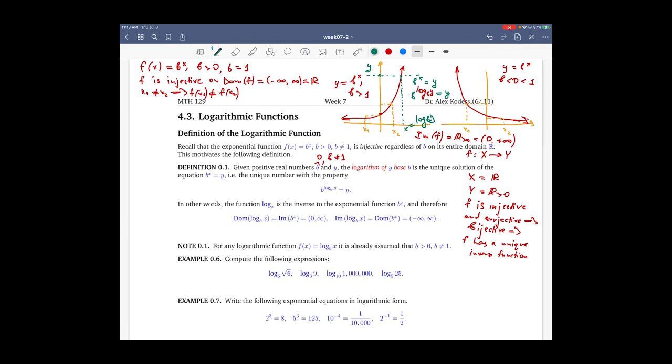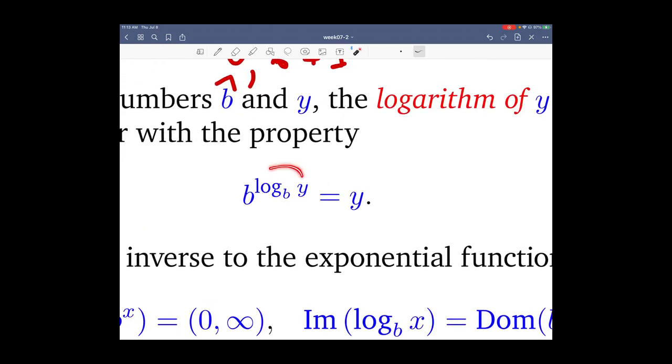In other words, logarithm of y base b is that exponent that base b needs to be raised to get y back. When b is raised to the power logarithm y base b, we get y.